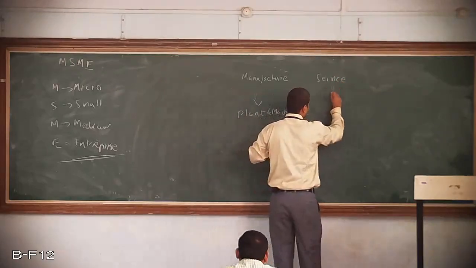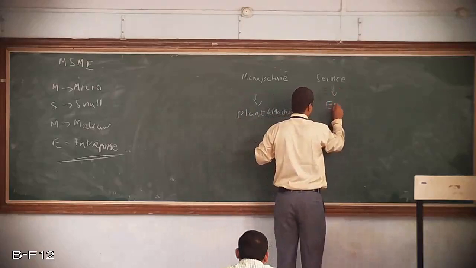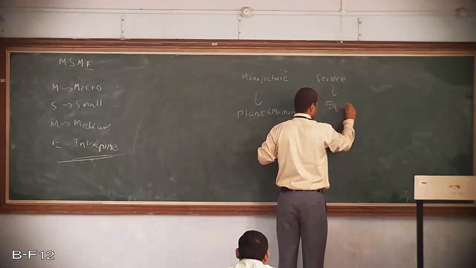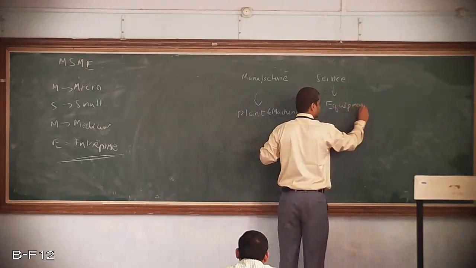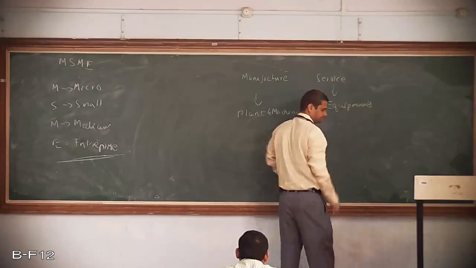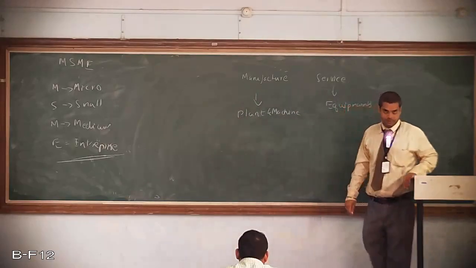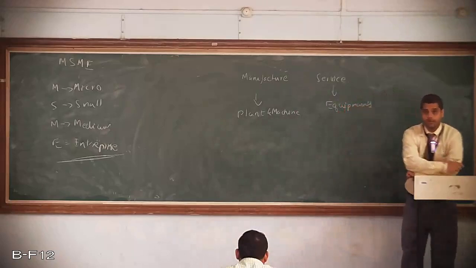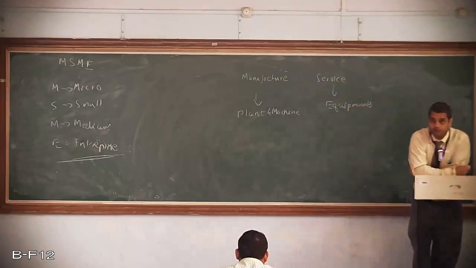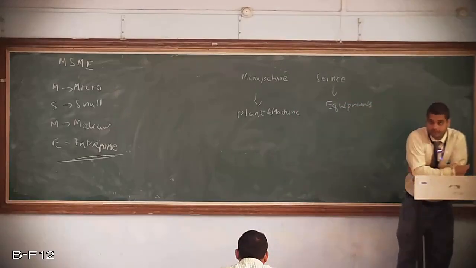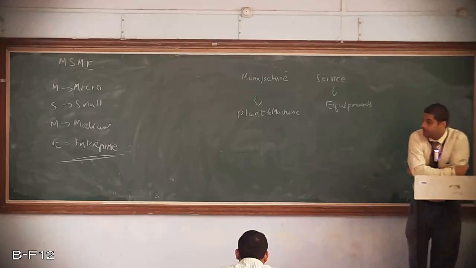In service, it basically consists of equipment. I already told you, MSME is contributing 45% of manufacturing products all over India, right? So, according to this Act, MSME is classified in two categories. One is manufacturing, the second one is service.